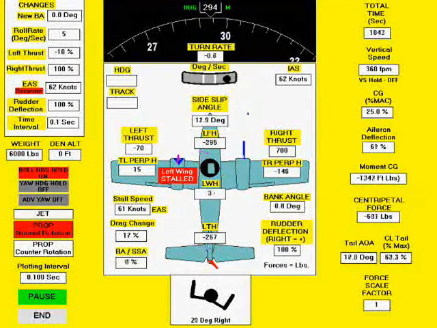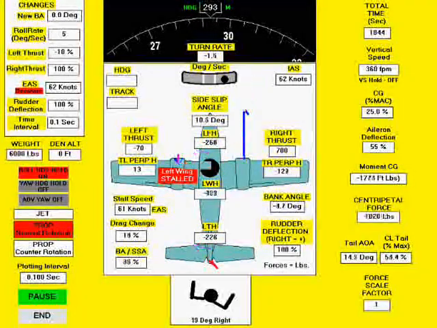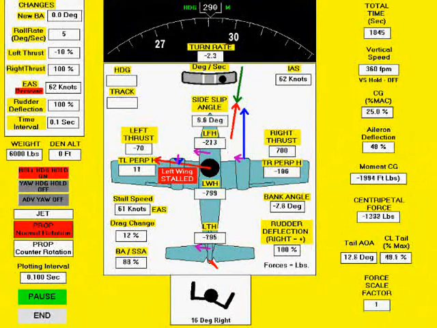Finally, the left wing stalls with a large side slip angle, causing a loss of control and entry into a spin.